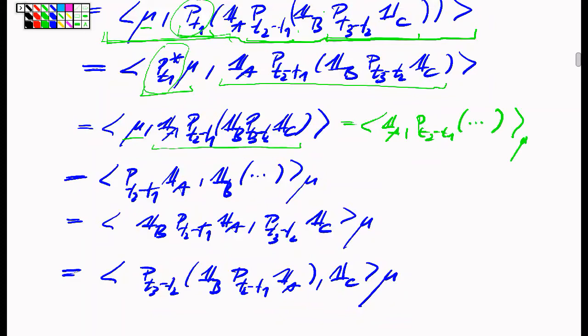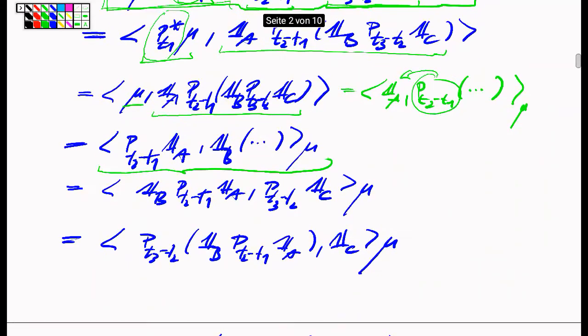And now by symmetry we can move this PT operator onto this indicator function, which yields this representation here. So we have PT2 minus T1 acting on 1A, in the inner product with the 1B times everything that remains after that.